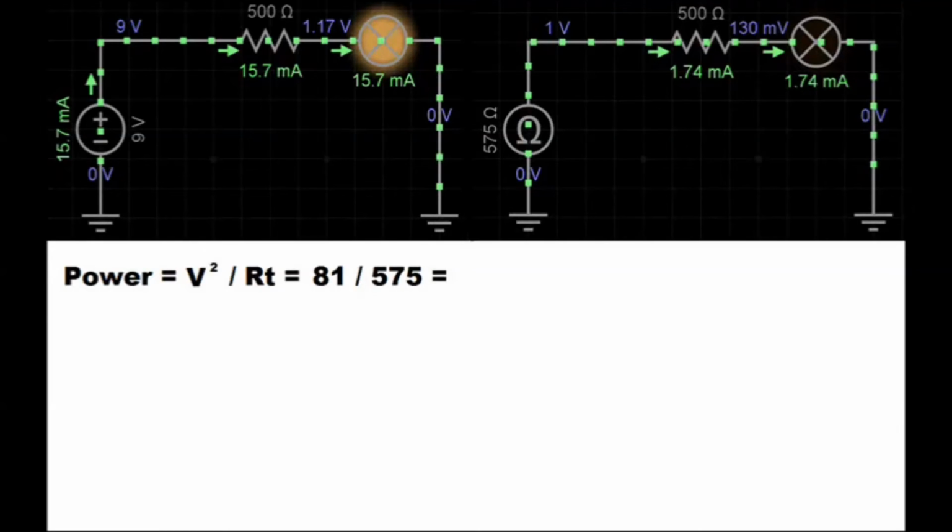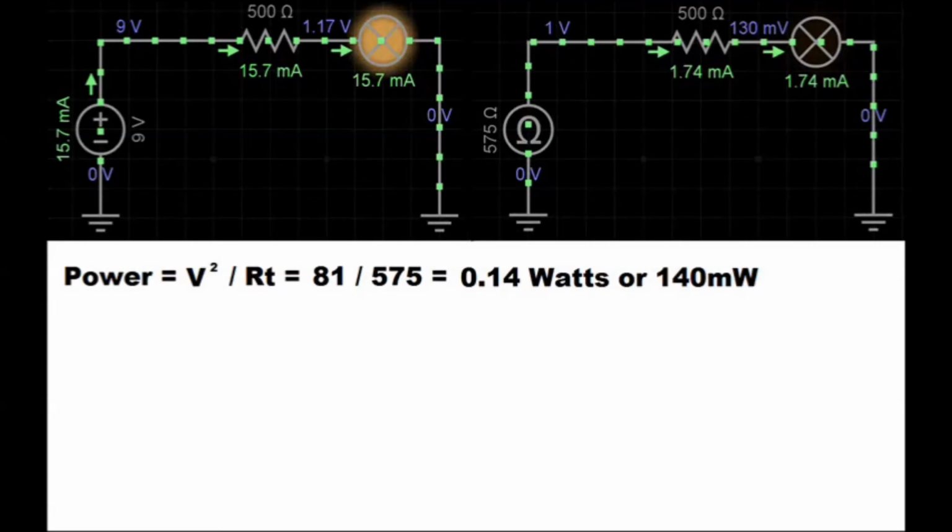Voltage equals 9 volts. Total resistance equals 575 ohms. 9 squared equals 81. 81 divided by 575 equals 0.14 watts or 140 milliwatts.